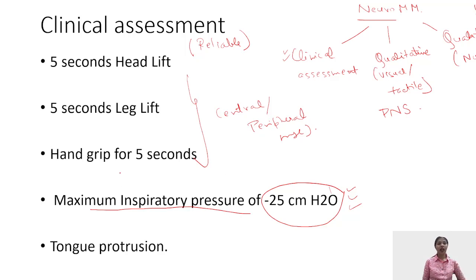And the tongue protrusion is going to tell us about the upper airway muscles, that the pharyngeal muscles, the genioglossus muscle, the hyoglossus muscle, they all have come back. So this is 5 seconds head, leg, hand, maximum inspiratory pressure of minus 25 centimeters of water, and the tongue can be protruded out.